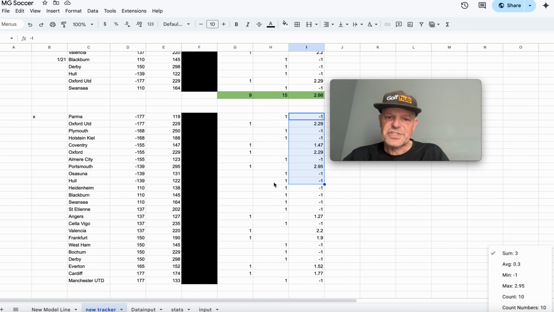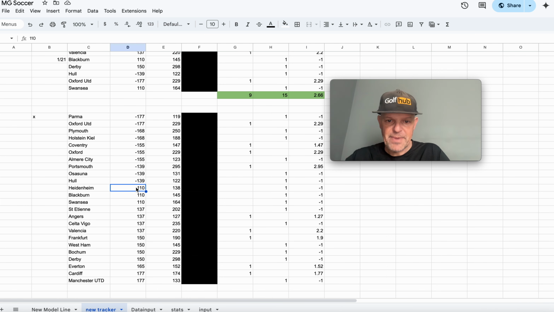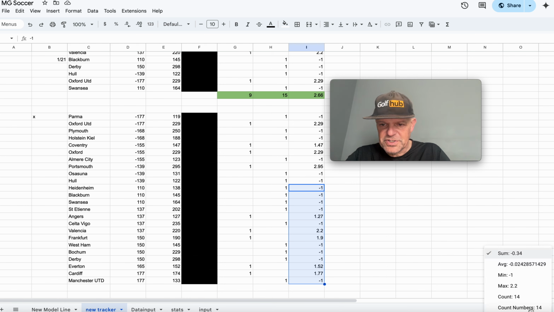Now, what's interesting about this is watch what happens when we highlight the teams that were dogs via my model. From right here all the way down, there's the profit, minus 0.34 units.